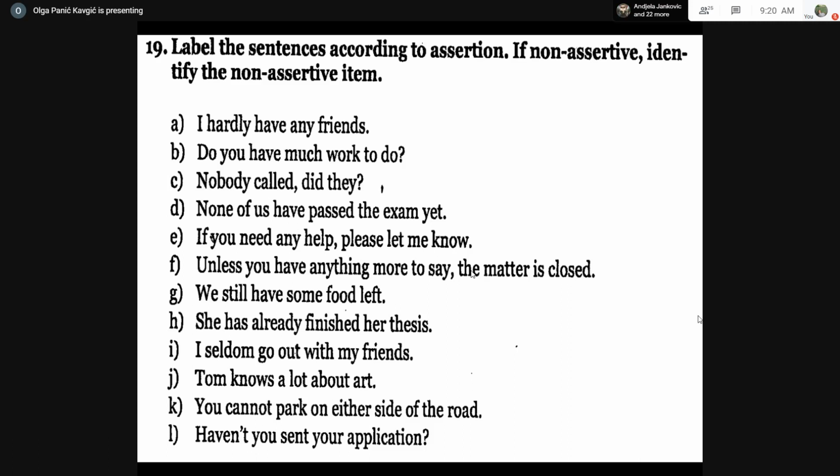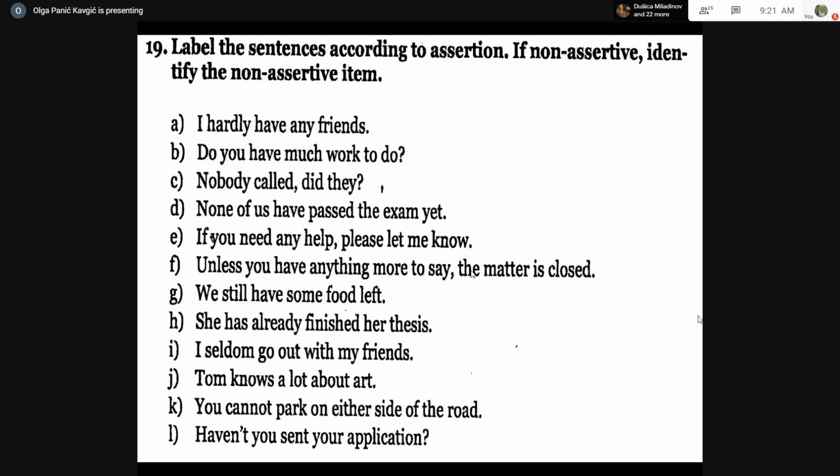Let's talk to Verica Kirchansky. Hello, Verica. So you have sentence H. She has already finished her thesis. This is assertion. Good. Where is the assertive item?